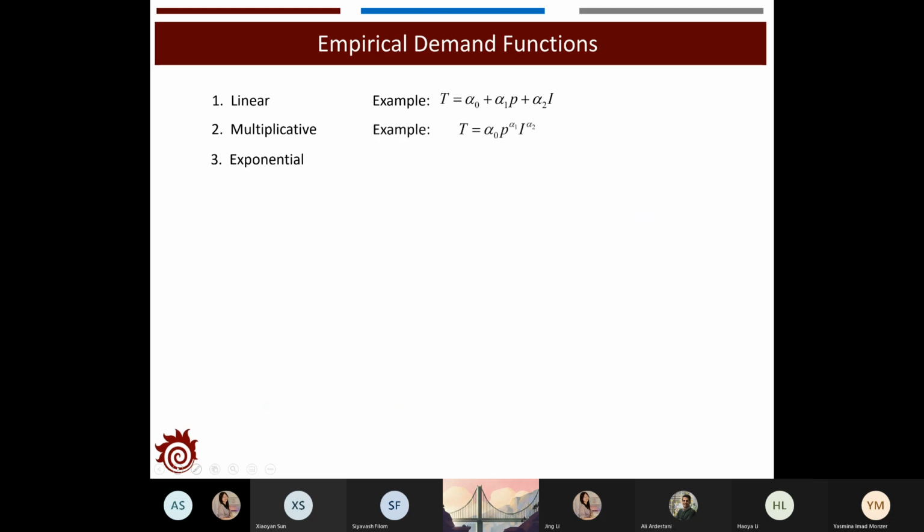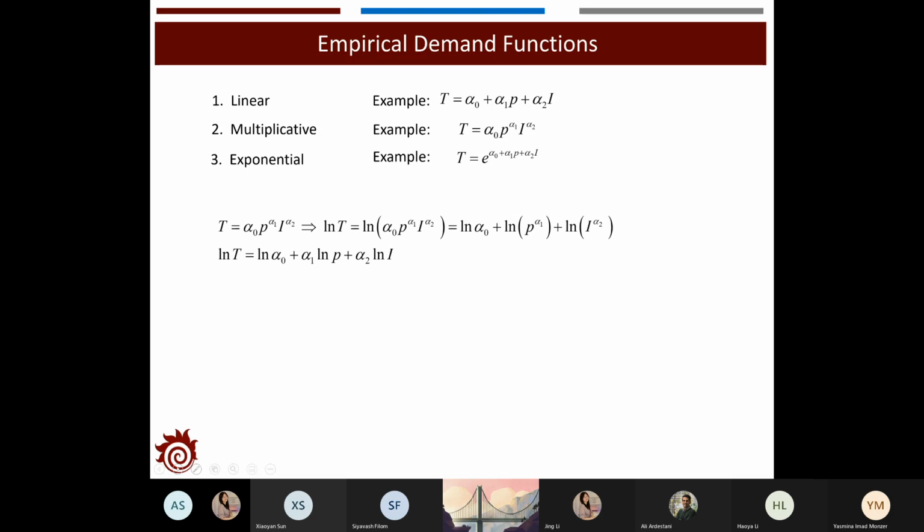For the multiplicative function, t is alpha 0 times p to the power alpha 1 times I to the power alpha 2. If you do the log operation on both sides, you can convert it to linear format. And for the exponential function, t is just the exponential of the linear relationship of p and I.